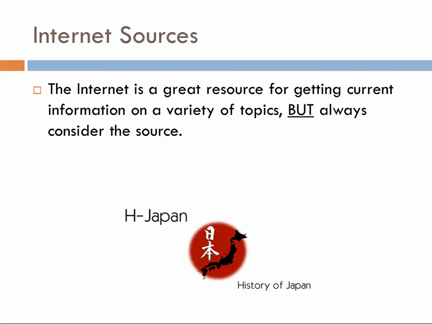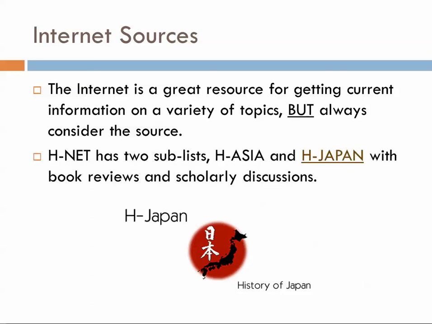Everything that I've been talking about so far, the books, the journals, the book reviews, there's tremendous quality control behind all of those publications. But the internet is the Wild West. Anybody can post just about anything to it. There's some wonderful resources on the internet, but there's some really awful ones also.